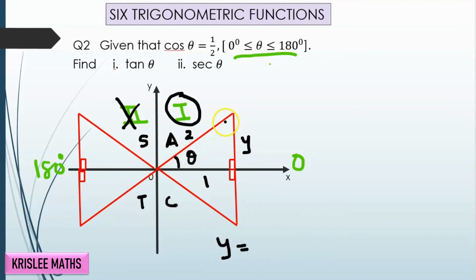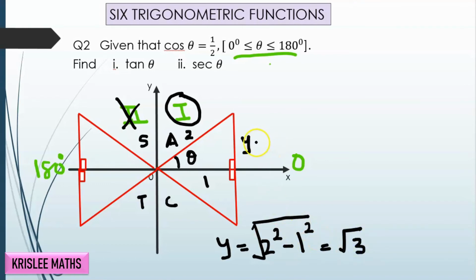The longest side, the hypotenuse, is given as 2. So 2 squared minus 1 squared. Simplify this, take the square root and simplify. You will get square root of 3. So the third side will be square root of 3.